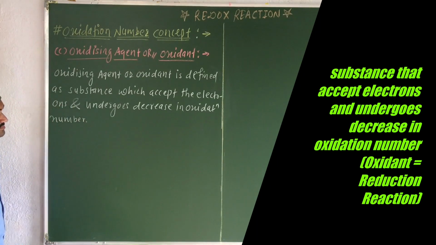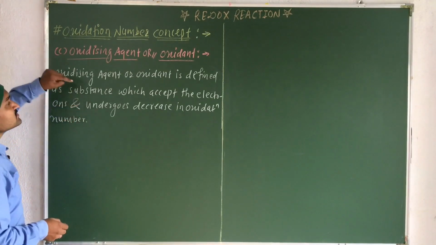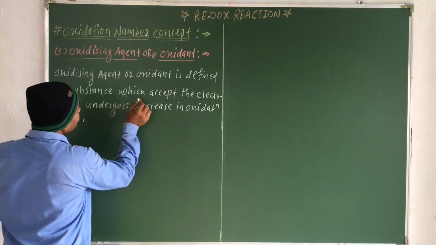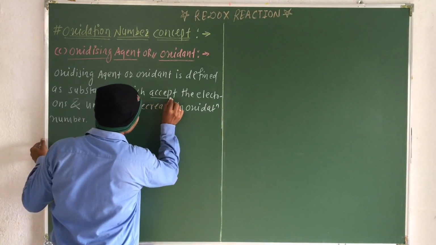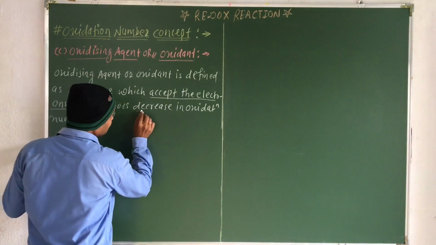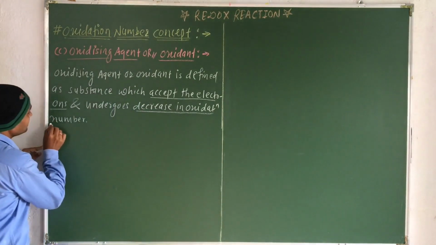Now that particular substance is nothing but your oxidizing agent or oxidant. Here we are using two important words: accept the electron, that means there is a gain of electrons, and undergoes decrease in the oxidation number.